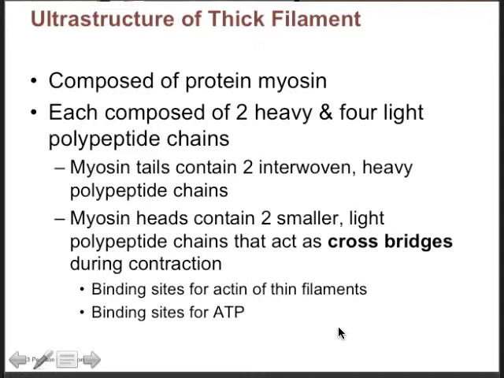And they also contain binding sites for ATP. This is critically important because the ATPase that's contained in these thick filaments is going to be used in order to basically hydrolyze the ATP, release the energy from that molecule and trap it, and then convert that into energy for contraction.